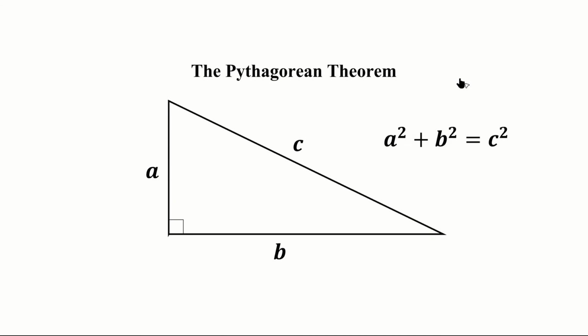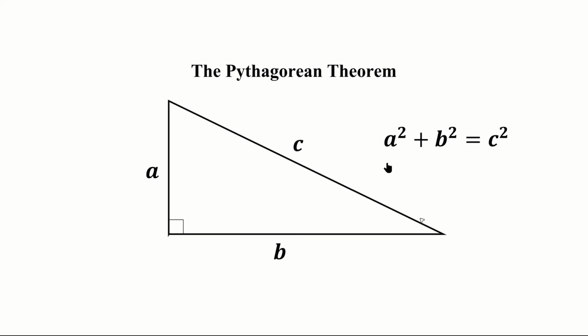All right, in order to establish some of the results that we would like to establish, we need to remember the Pythagorean theorem, which is, of course, the famous theorem about right triangles, where the sum of the squares of the two legs is equal to the square of the hypotenuse.